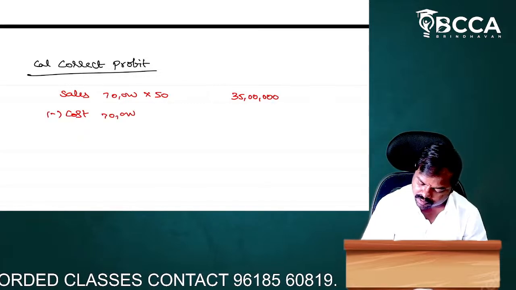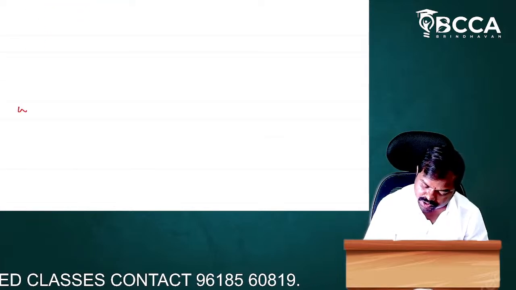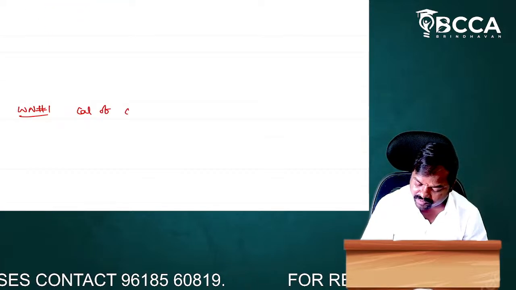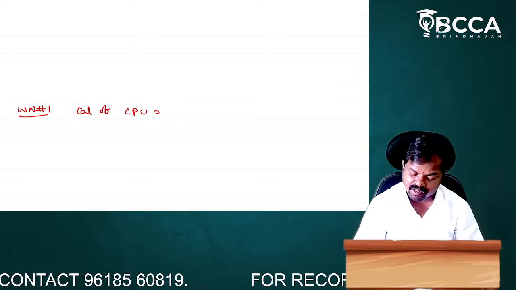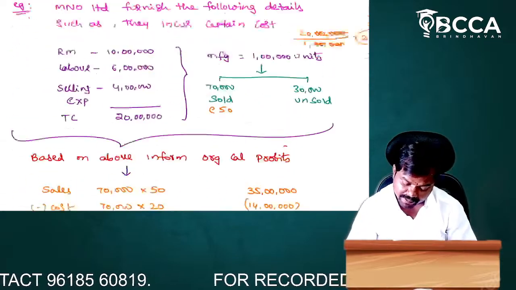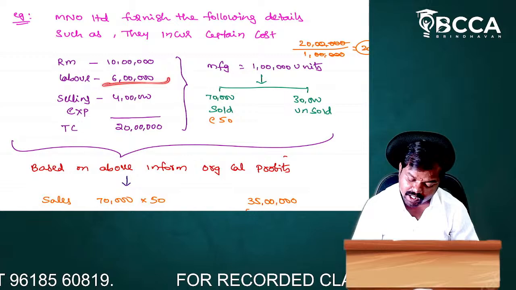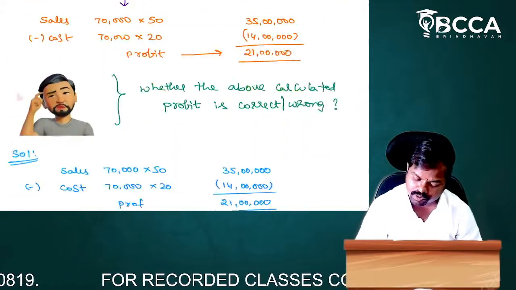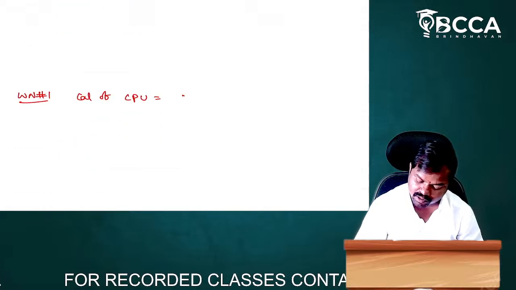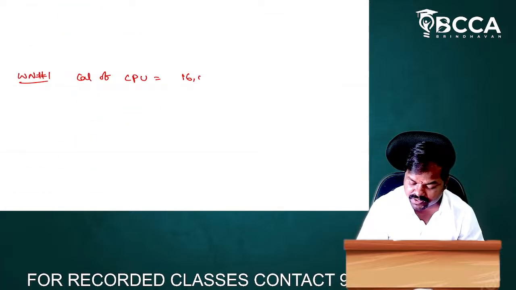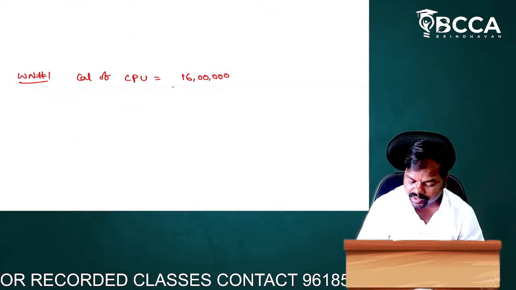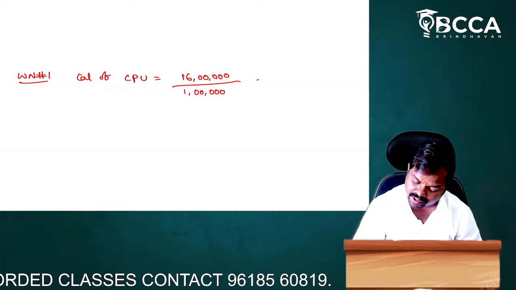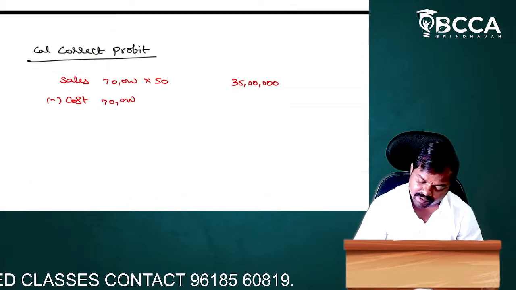How to calculate cost? Calculation of cost per unit: how much did they spend? 16 lakh only. This 4 lakh is exclusive for 70,000 units. So cost per unit is 16 lakh divided by 1 lakh units, which means 16 rupees per unit.